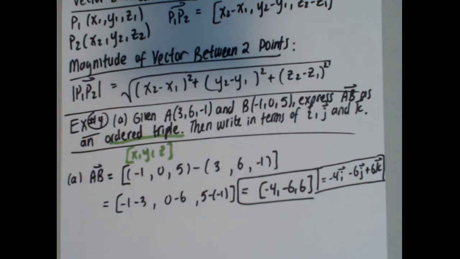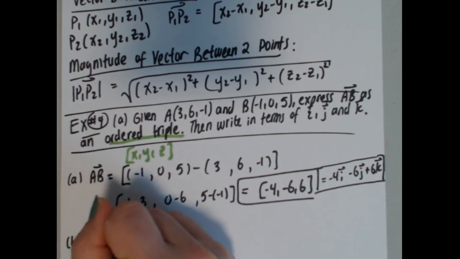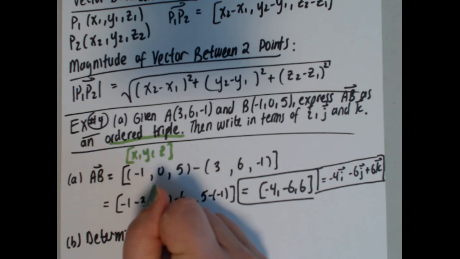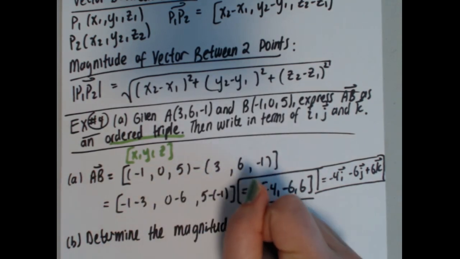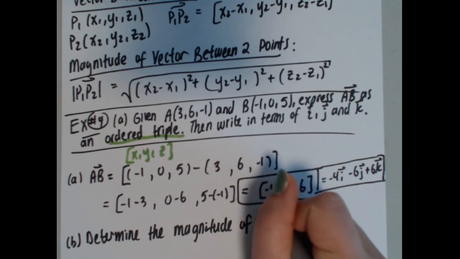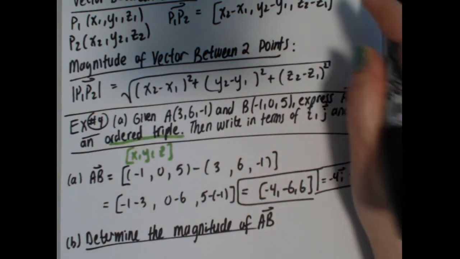Okay, so that's A. Part B asks us to determine the magnitude of vector AB. Well, you know how to determine the magnitude of the vector. It's right here.